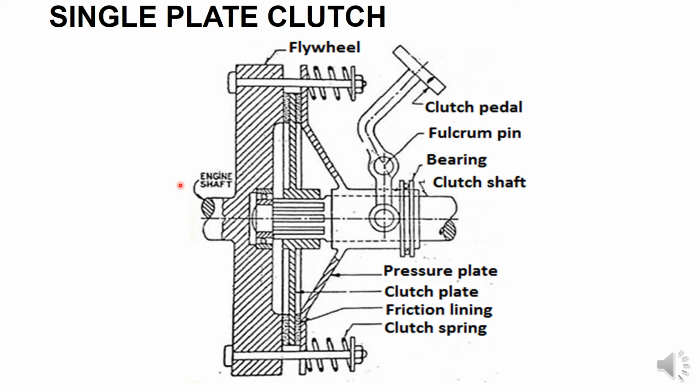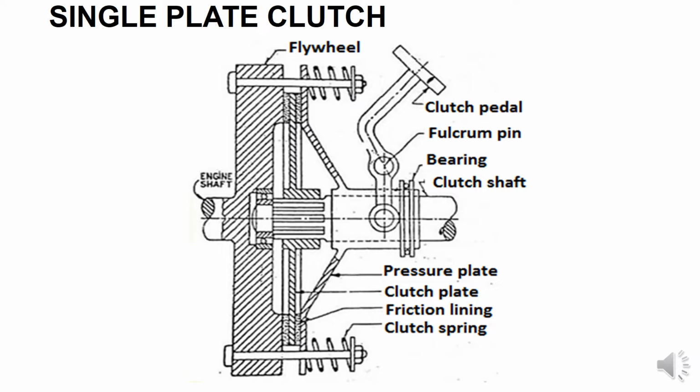It is the engine. When we run the engine, the flywheel also runs. Here the flywheel rotates. Then the clutch spring offers the force, so the pressure plate pushes the friction lining to the flywheel.